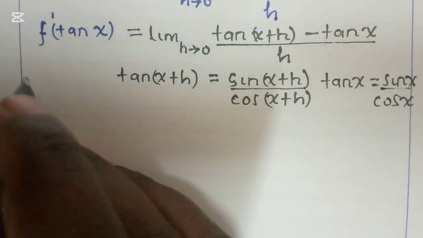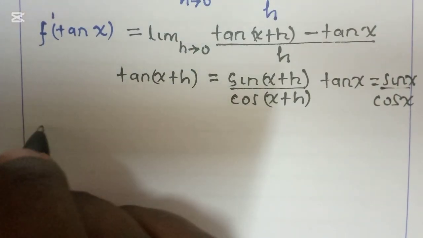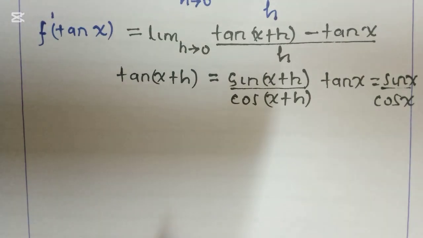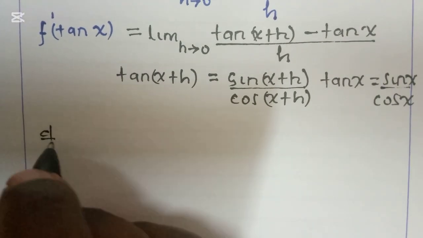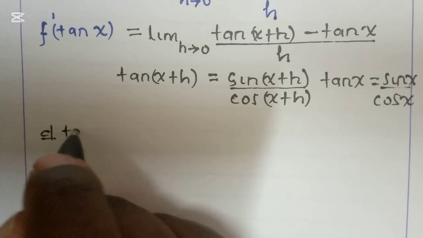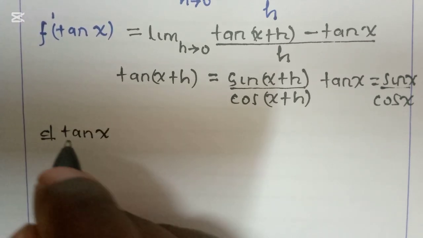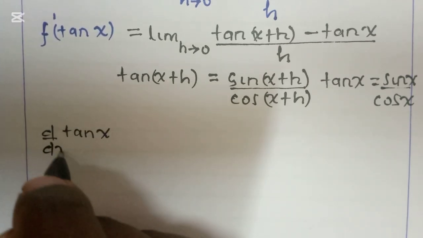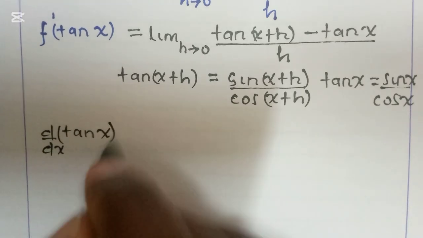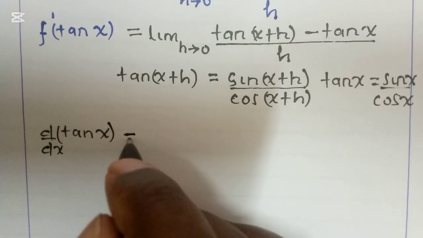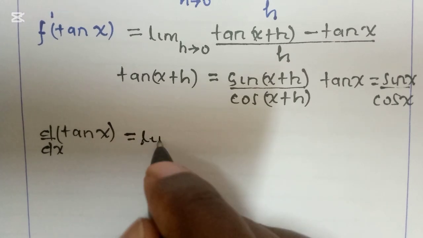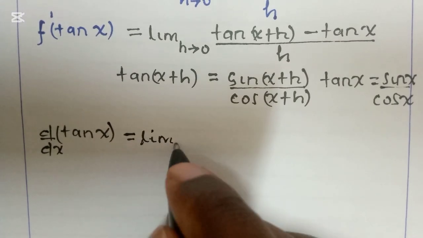So we shall have the derivative, d tan x all over dx, equal to the limit as h tends to 0.